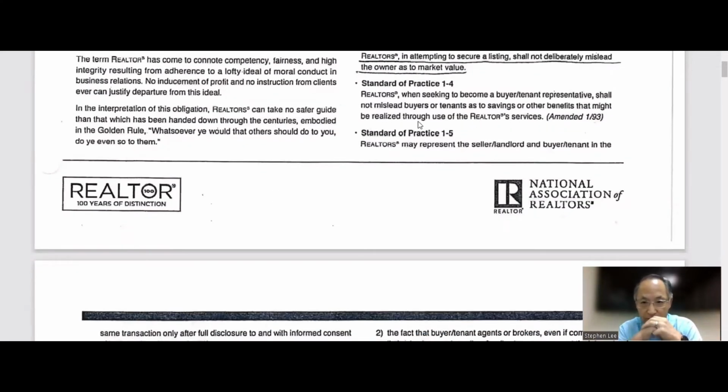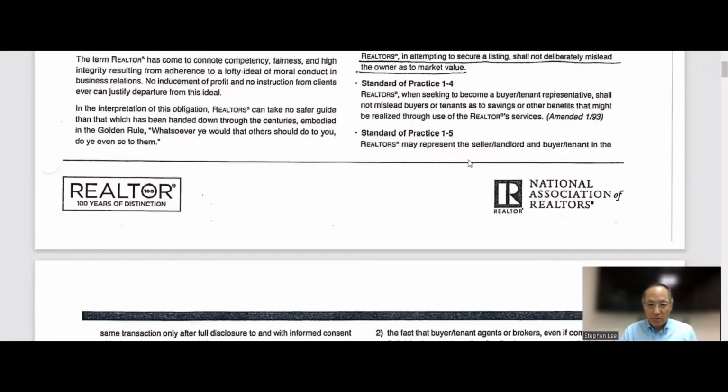Okay, standard practice 1-4 specifies the same thing for the buyer agent. Realtors, when seeking to become a buyer/tenant representative, shall not mislead buyers or tenants as to savings or other benefits that might be realized through use of realtors' services.